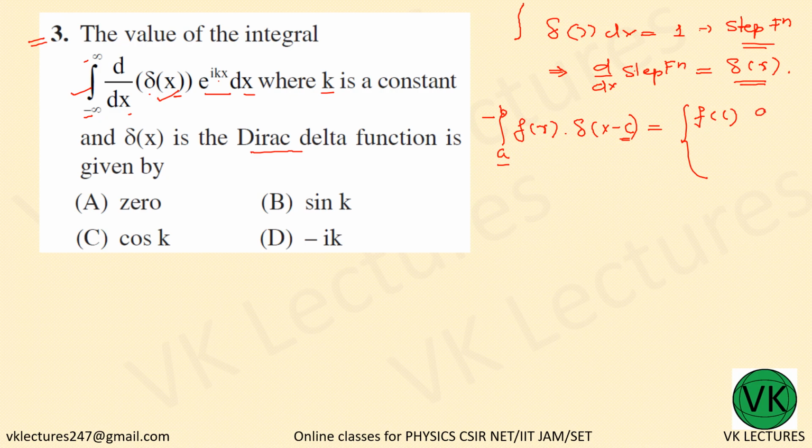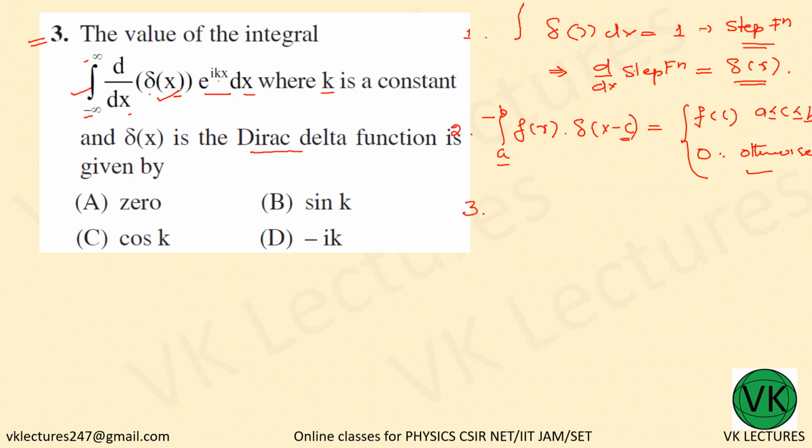That means a less than or equal to c less than or equal to b, and the value will be equal to 0 otherwise. Now this is point number 1. Here you have point number 2.